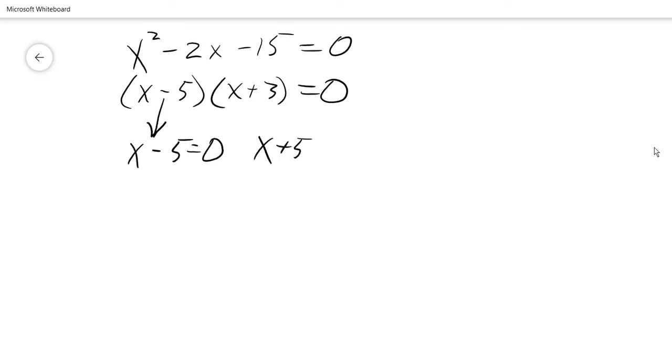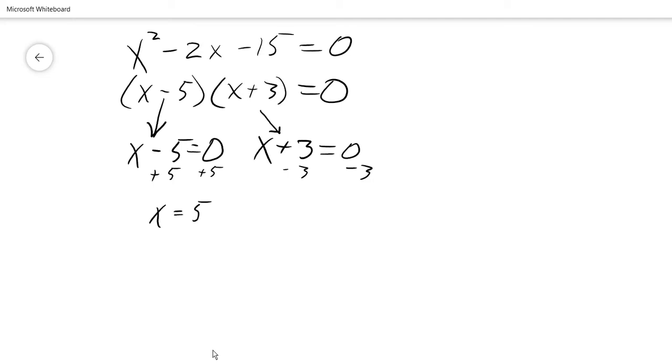Plus 5, plus 3. Okay, rule 1 in math: do not let the mouth overload the brain and the pencil. This is plus 3. Follow the arrows, and it also equals 0. Now we just solve for x on each of these little itty-bitty equations, and we get 2 answers.